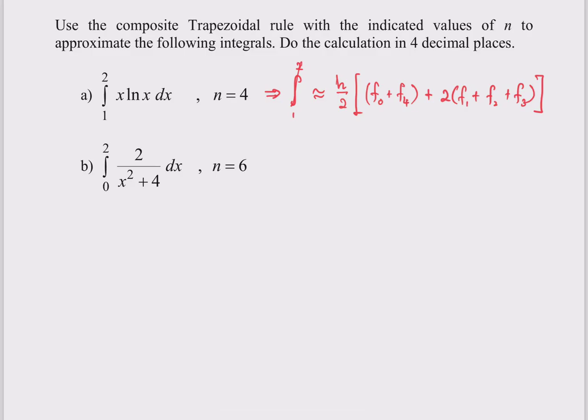You can also calculate your h. Your h is equal to (2 minus 1) divided by 4, which is (b minus a) divided by n, so your h is equal to 0.25.